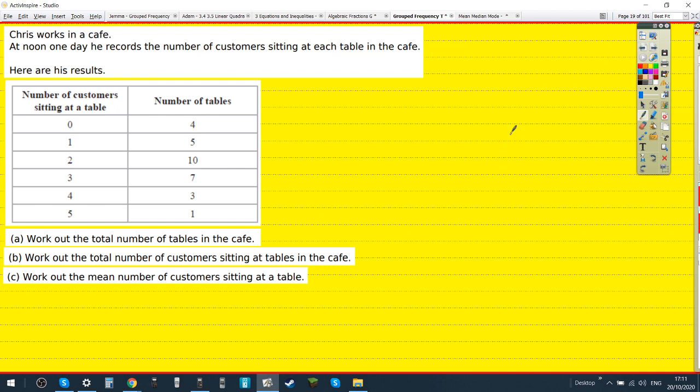Okay, let's try this. Chris works in the cafe and he records the number of customers sitting at each table in the cafe.